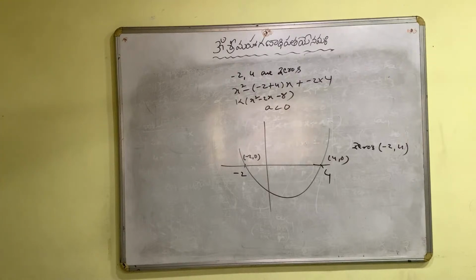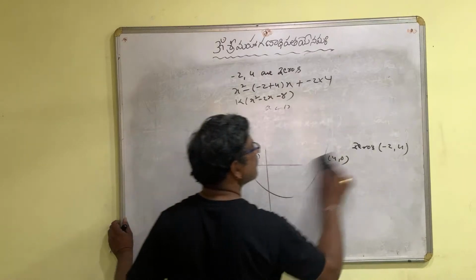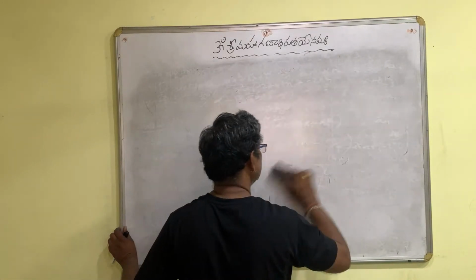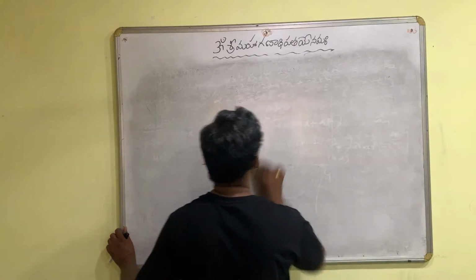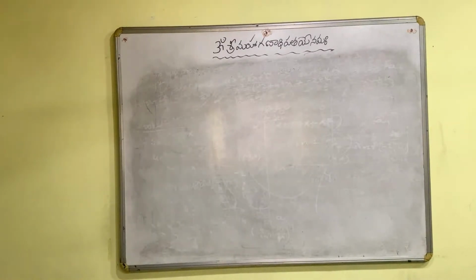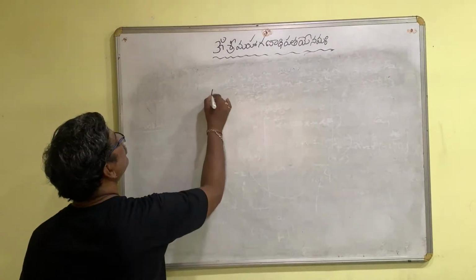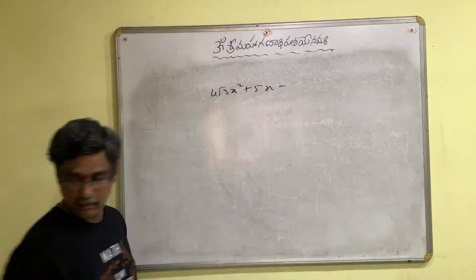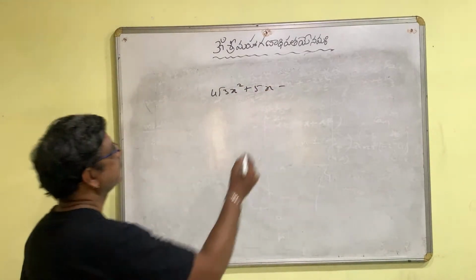Now, last question for this case study. Zeros of 4 root 3 x square plus 5x minus 2 root 3.